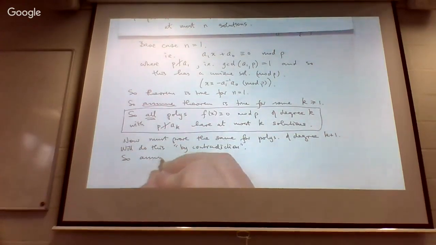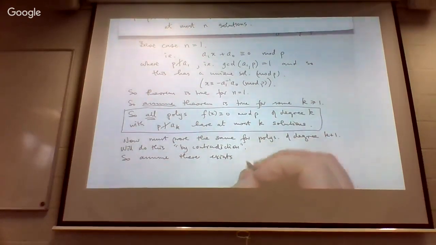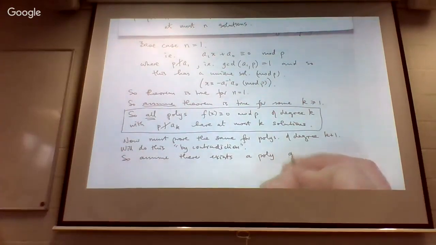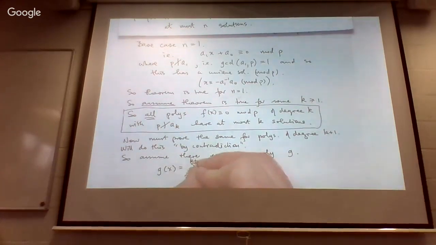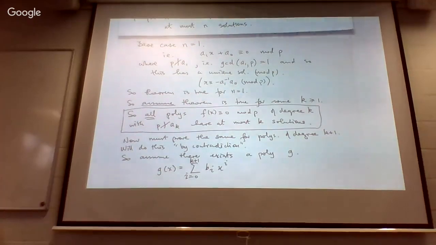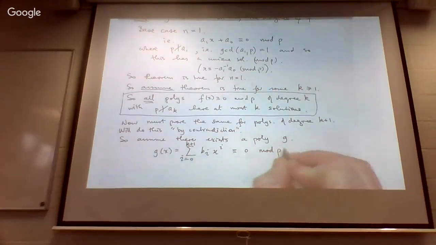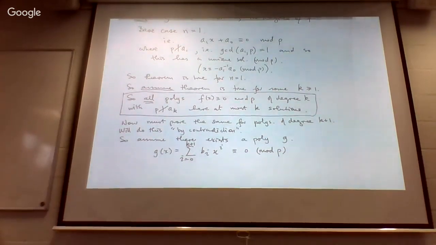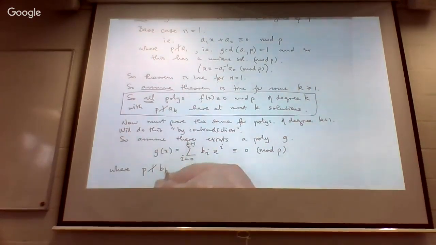So assume there exists a polynomial, I call it G. Let's be specific about this. Let's write it down, give it a formula. We'll use b's for its coefficients. It's going to be of degree k plus 1. We're going to consider it modulo this prime, and it must satisfy the criteria, so p does not divide b k plus 1.